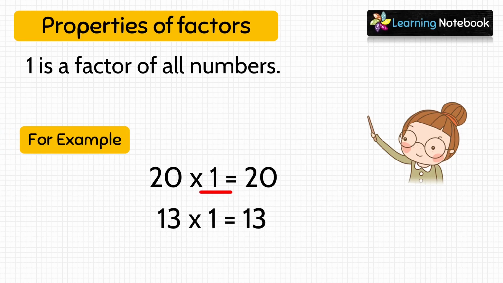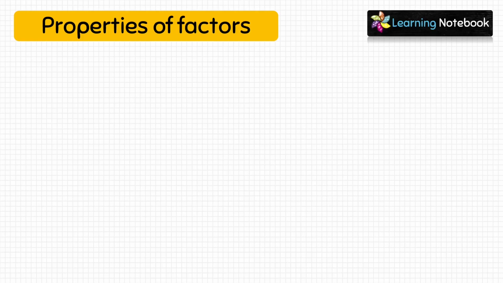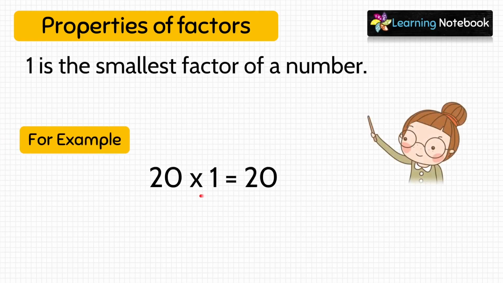Next example is 13 into 1 equals 13. So 1 is a factor of 13. So students, remember that 1 is a factor of all the numbers. Also students, 1 is the smallest factor of any given number.